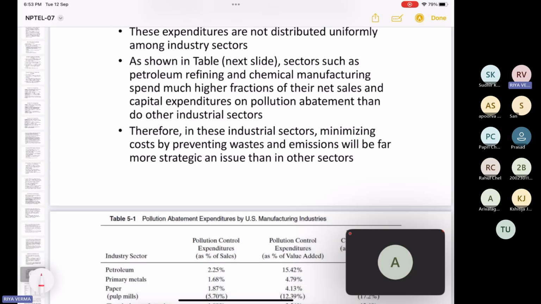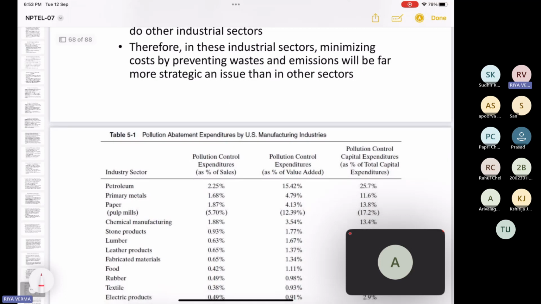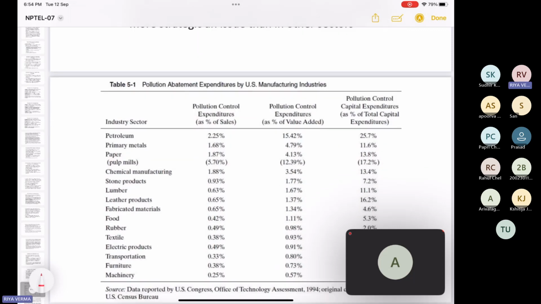So, for example, you can clearly see that 2.25% of the sales is spent on pollution control in the petroleum sector, and these costs can be reduced just by preventing the waste and the emissions by these industrial sectors.